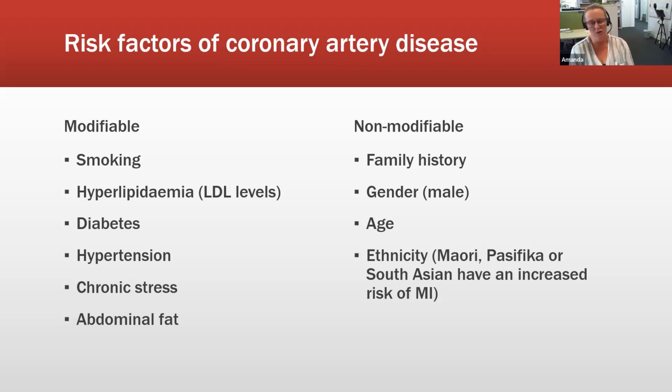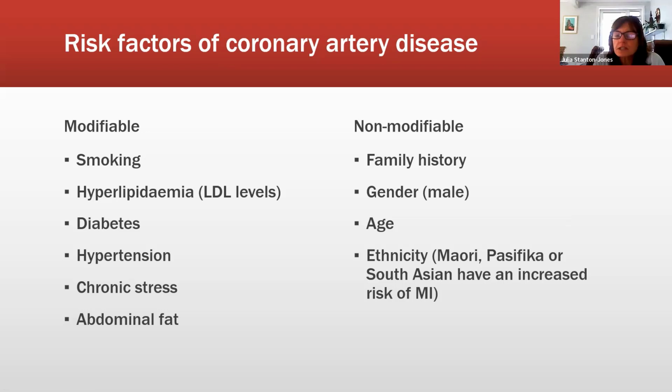So unfortunately, once again, Māori and Pacifica are at the top of the list for coronary artery disease. And South Asian also have an increased risk of MI. Interestingly enough, the South Asian population tend not to have what we'd call our typical symptoms of an MI.